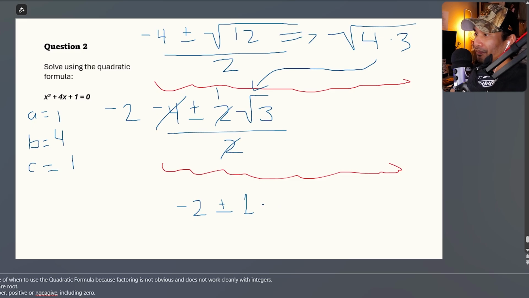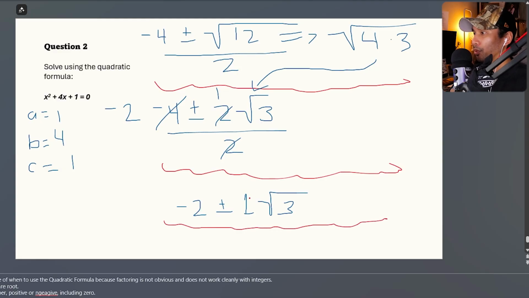But really, don't do that. I don't even want to do that, but I just want to show you where this 1 came from. And then the final answer would actually be x equaling -2 plus minus square root 3. And that's it.